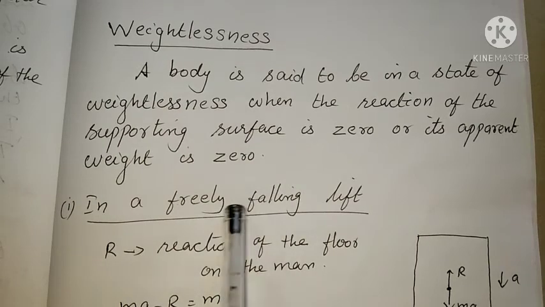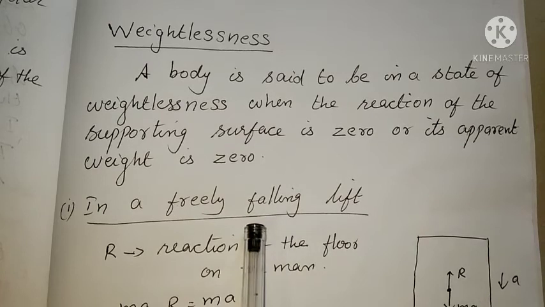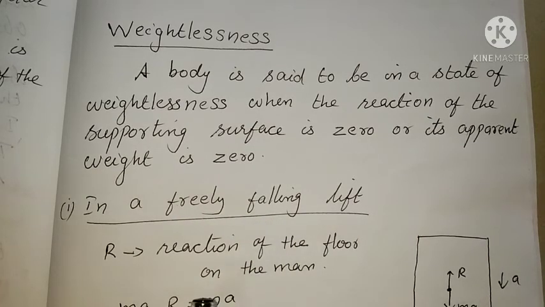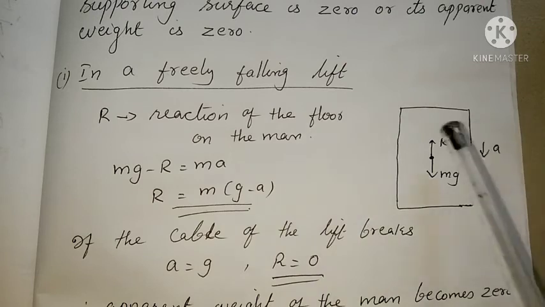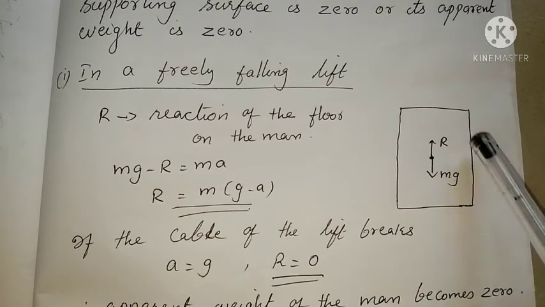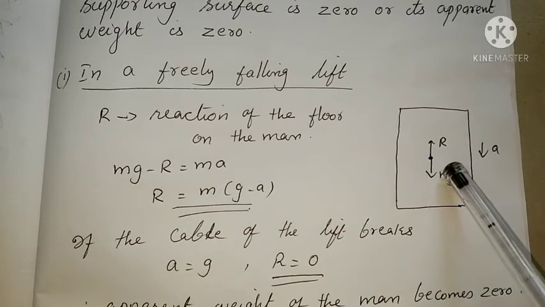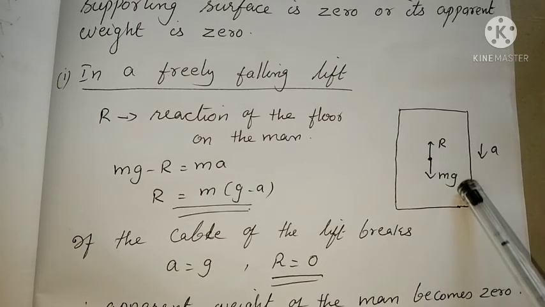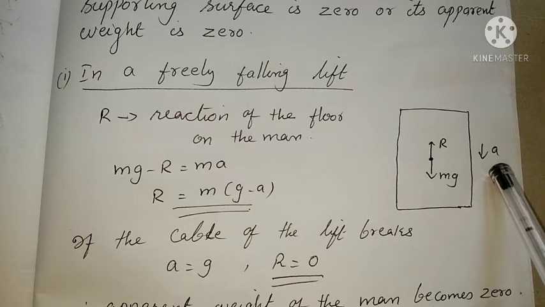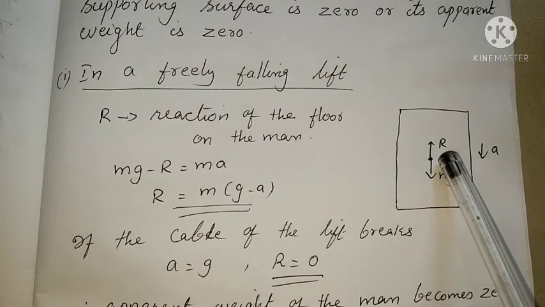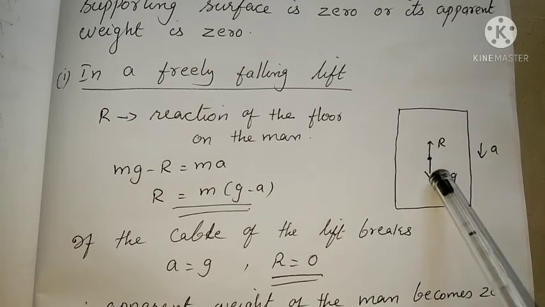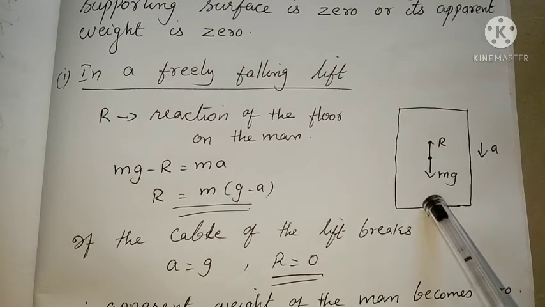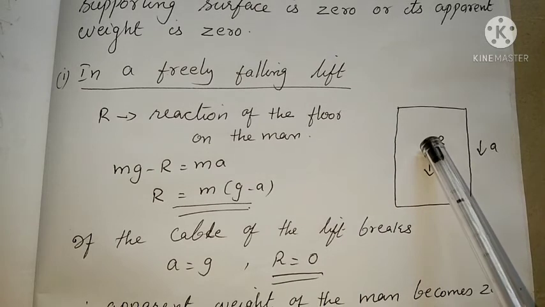Now we can see some different circumstances in which a body can be in a state of weightlessness. First one, in a freely falling lift. Consider a person having weight mg standing in a lift which is moving vertically downwards with acceleration a. If capital R is the reaction of the floor on the man, here weight is acting downwards and the floor exerts a reaction force on the man.